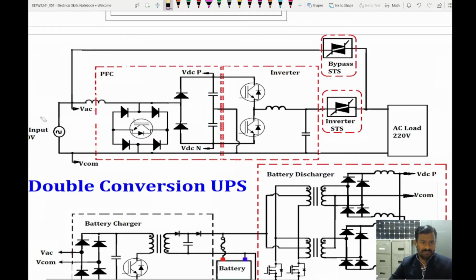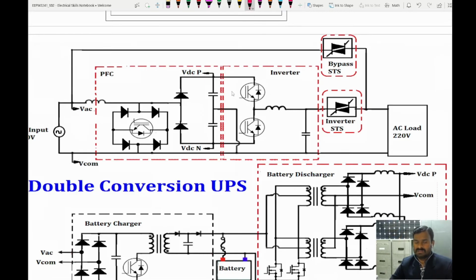So once this work is done, AC to DC conversion is done, we have the DC at the DC link bus. Now we need to convert this DC into AC with the help of the inverter unit. So we have two IGBTs here.